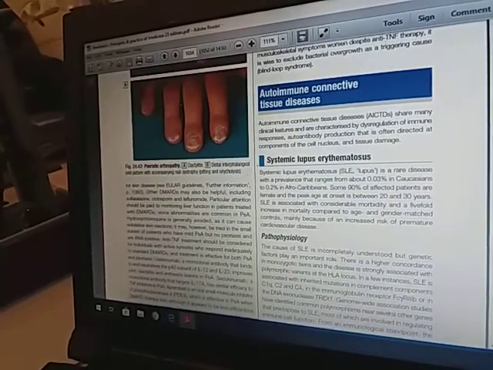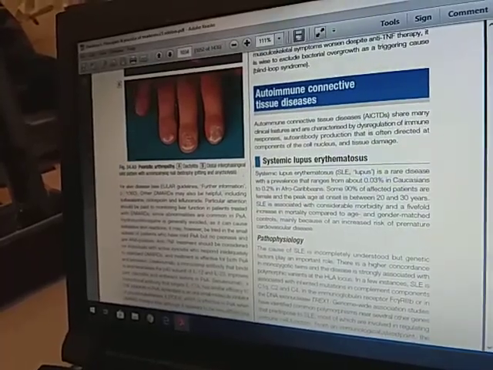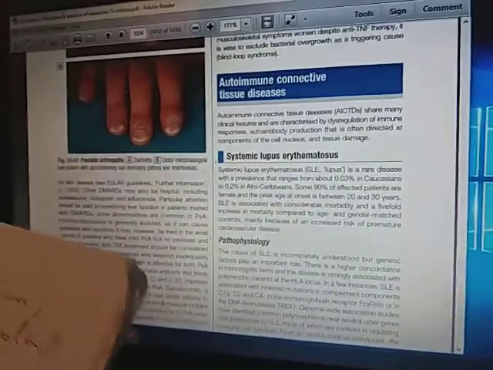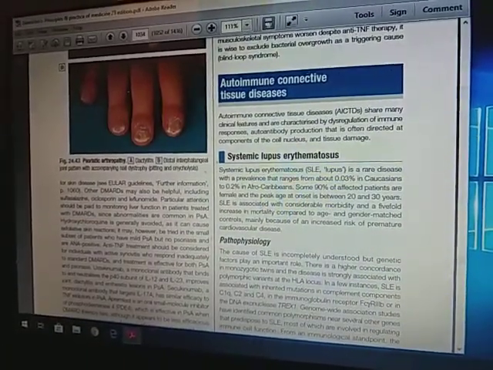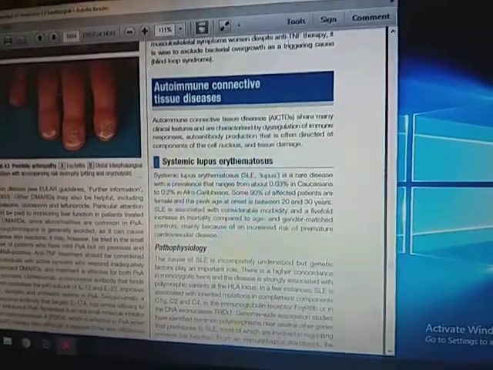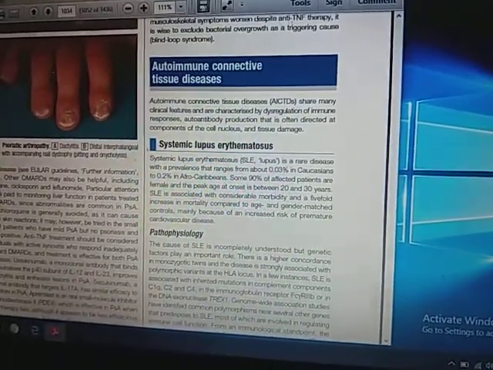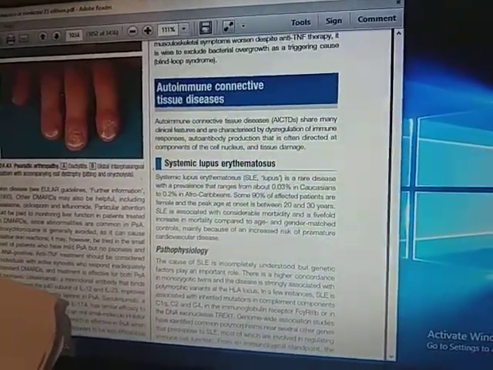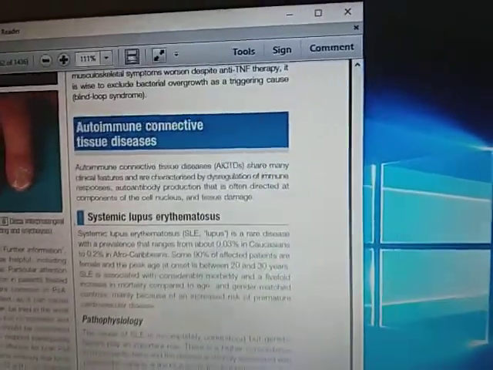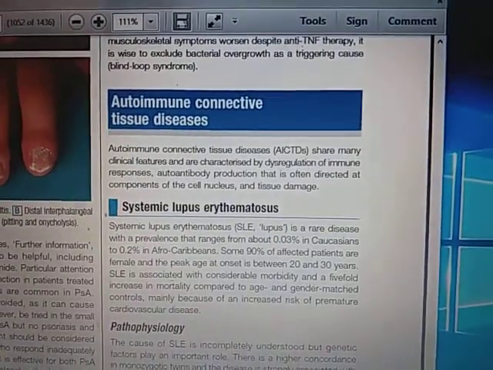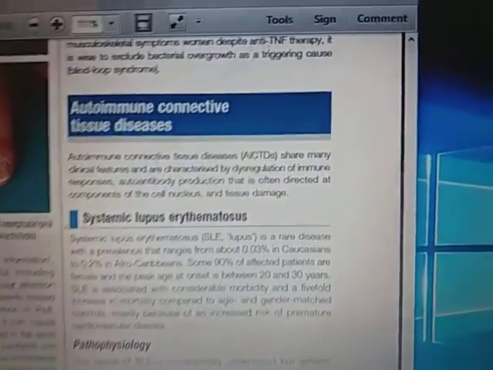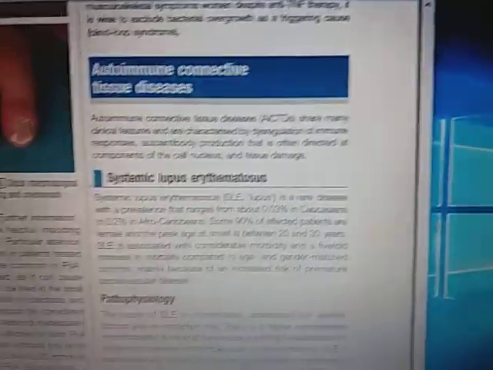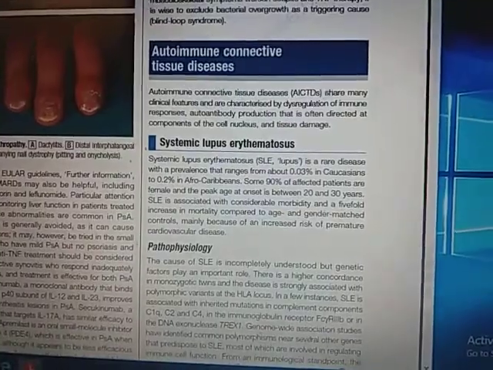The first one of them is SLE, systemic lupus erythematosus. SLE is a multi-systemic disease affecting mainly young women, characterized by widespread organ involvement and profound immunological disturbances, with a tendency to exacerbations and remissions.